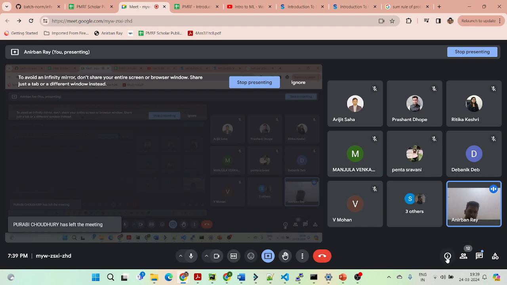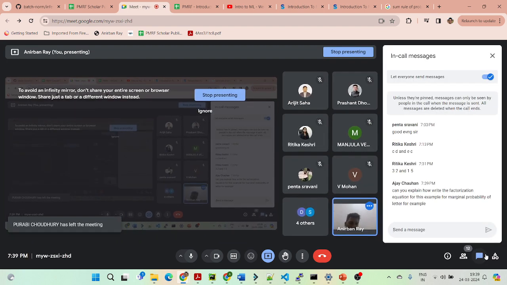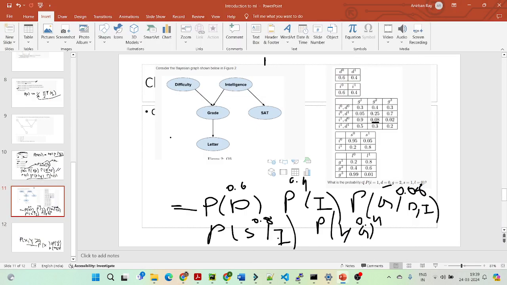Can you explain how the factorization equation works for this? Which part are you asking about, Ajay? The same question you explained, difficulty and intelligence.